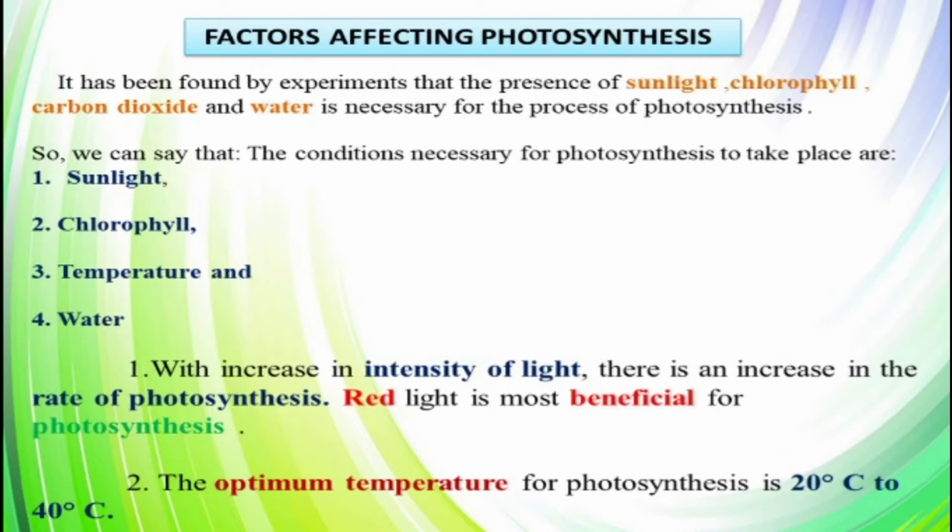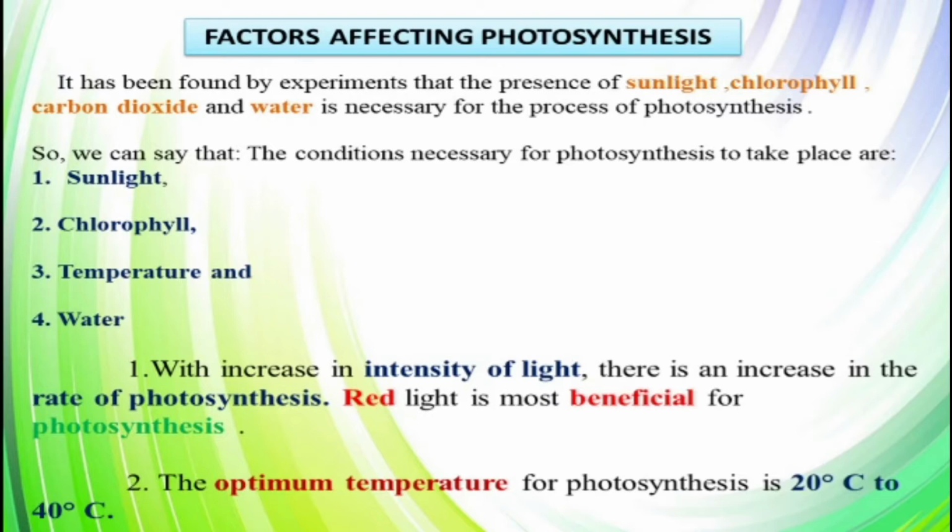Temperature is very important, because at excess temperature the plant cannot survive, and also cannot prepare its own food. The optimum temperature is 20 degrees Celsius to 40 degrees Celsius.